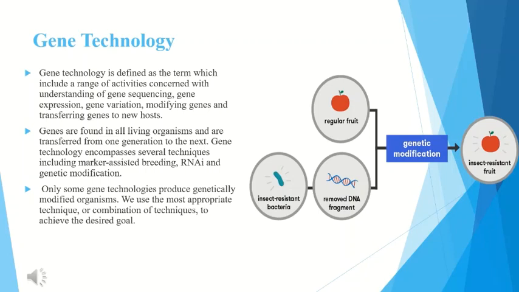Gene technology encompasses several techniques, including marker-assisted breeding, RNA, and genetic modification. Only some gene technologies produce genetically modified organisms. We use the most appropriate technique or combination of techniques to achieve the desired goal.